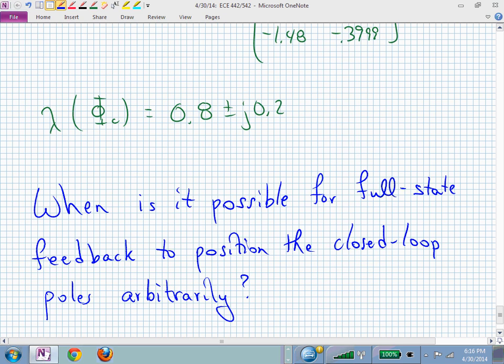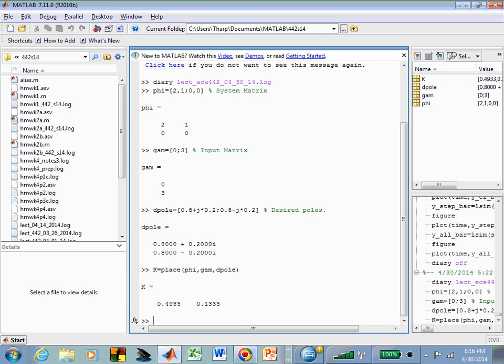And now I just remembered something else, so I'm going to jump back. We could now check our answer within MATLAB. We could say phi closed loop, the closed loop system matrix, is phi minus gam times k.